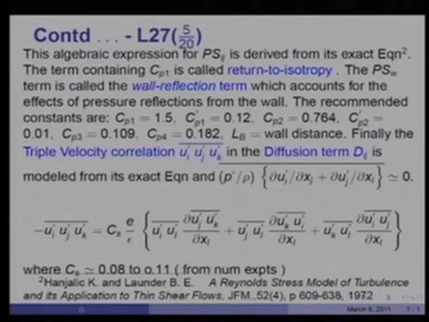So, this algebraic expression for Psij is derived from its exact equation by Hanjalic and Launder, "A Reynolds stress model of turbulence and its application to thin shear flows," published in the Journal of Fluid Mechanics in 1972. The term containing Cp1 is called return to isotropy.